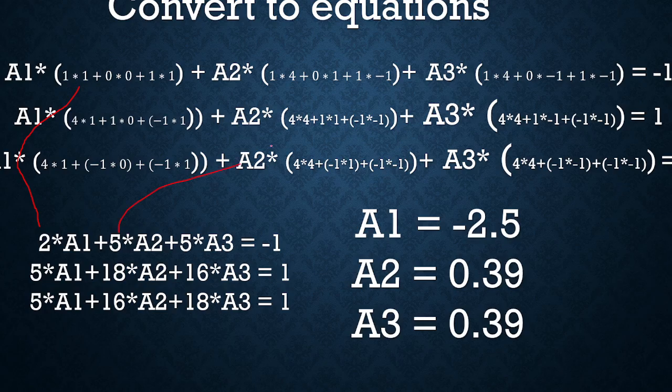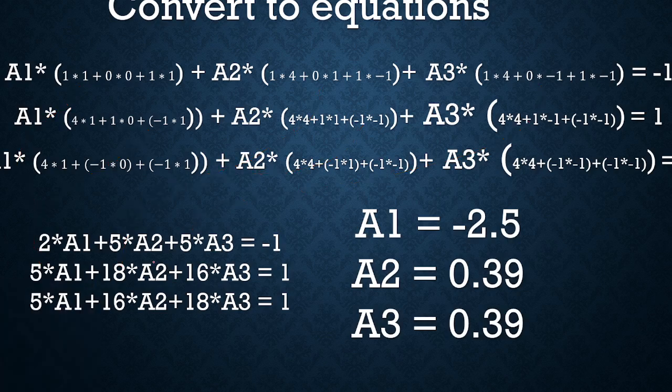Like that, 5 represents here and 5 represents here. So we have to estimate for each and everything. In the same way, 5 represents here and 18 represents here.